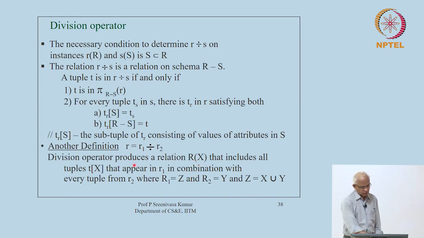It includes all tuples Tx that appear in R1 in combination with every tuple from R2, where these schemas are appropriately worked out. R1 is some Z, whereas R2 is this Y, and Z is the union of these two things.